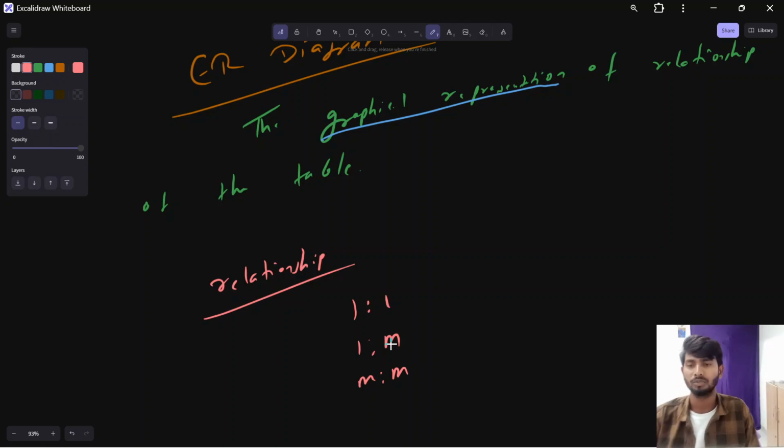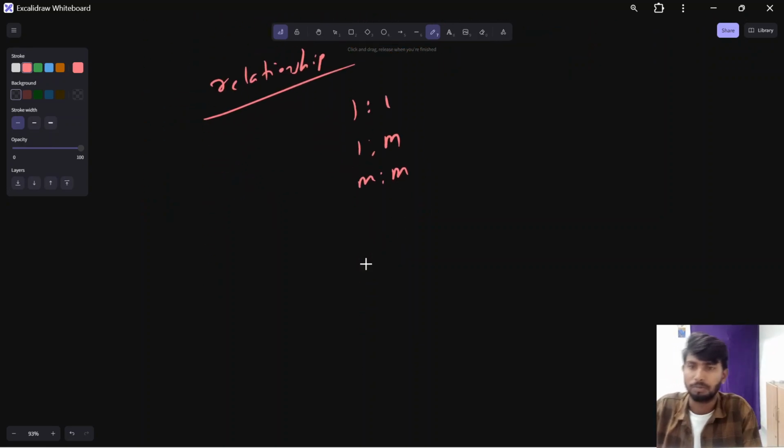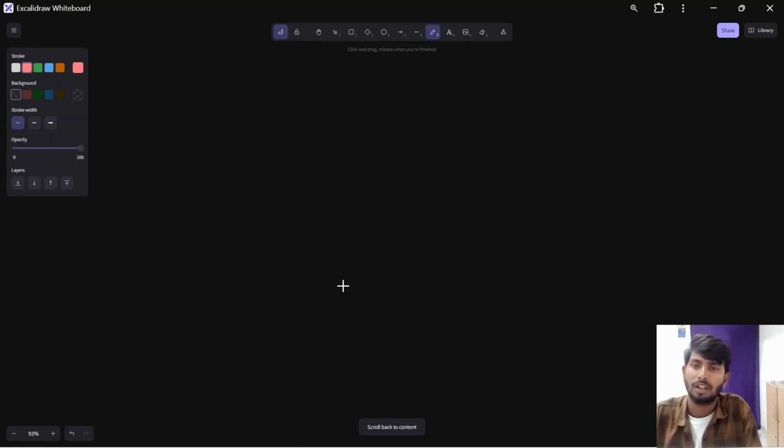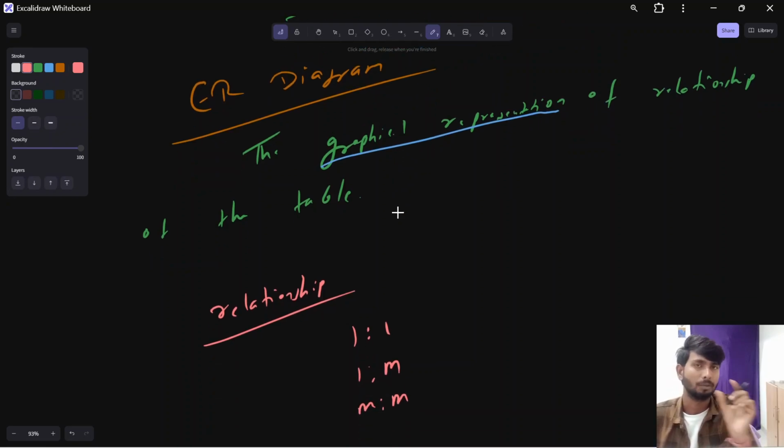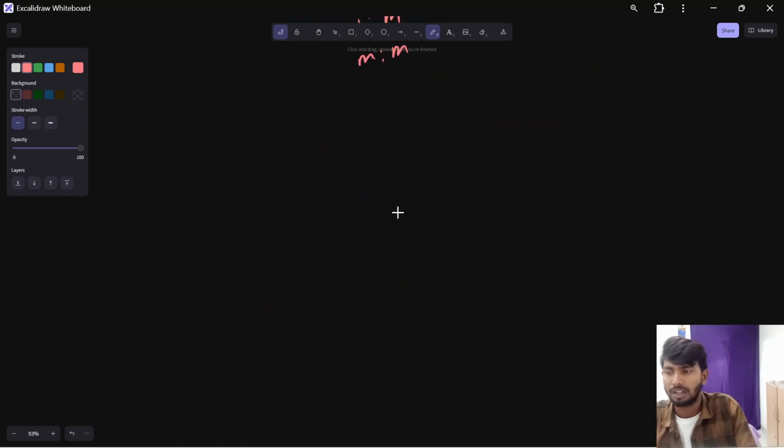These are three things. Now we have to talk about, like, what we learn, ER diagram. For creating the diagram, we need some symbols like that. Now we talk about the graphical symbol.